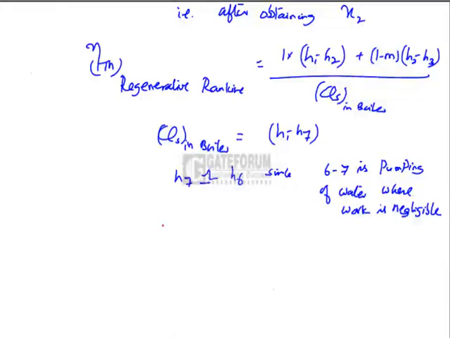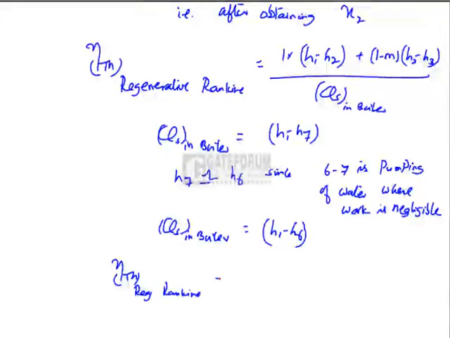Therefore, heat supplied in the boiler is H1 minus H6. That is how the Rankine thermal efficiency of the regenerative Rankine cycle is obtained.